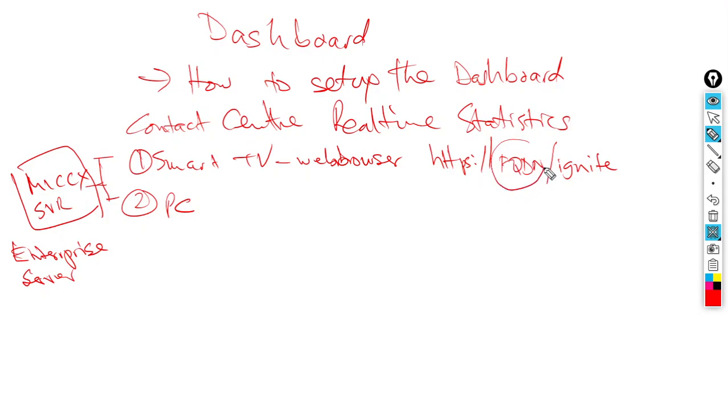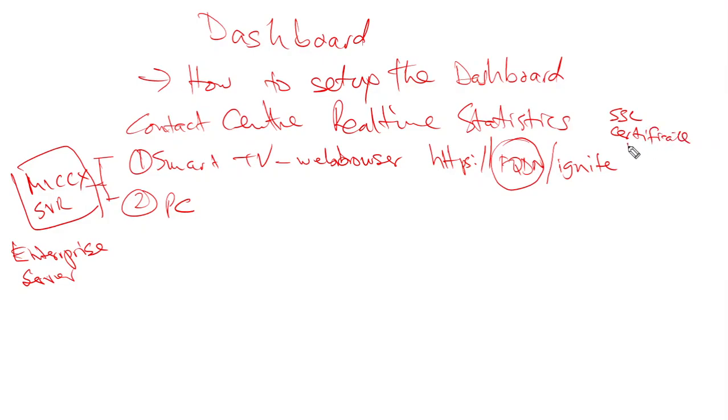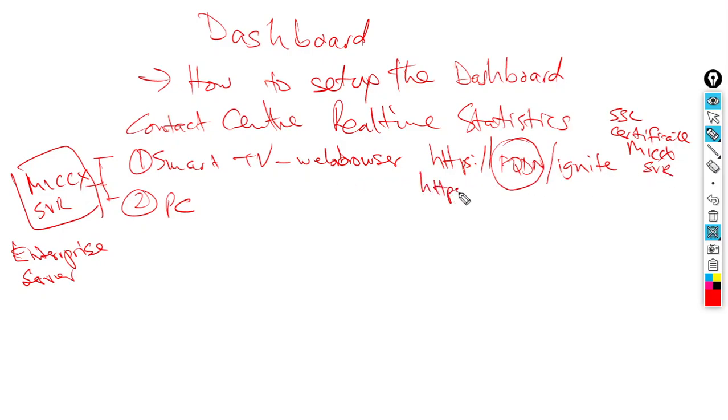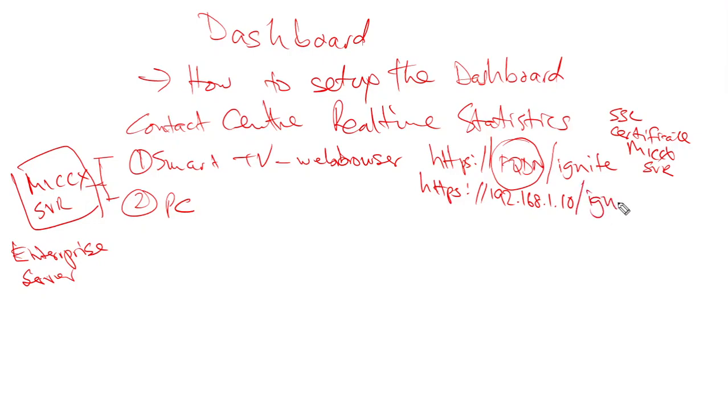Take note that for us to be able to use FQDN, we should have an SSL certificate installed on the MyCCX server, or otherwise we can use the IP address of the server itself. If, for example, this is the IP address of the server, then we go to ignite.